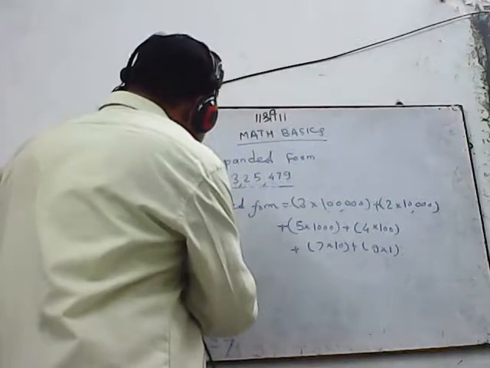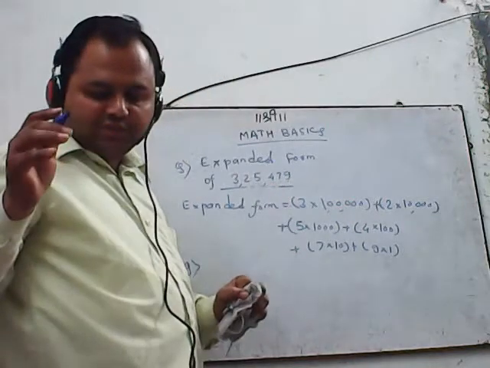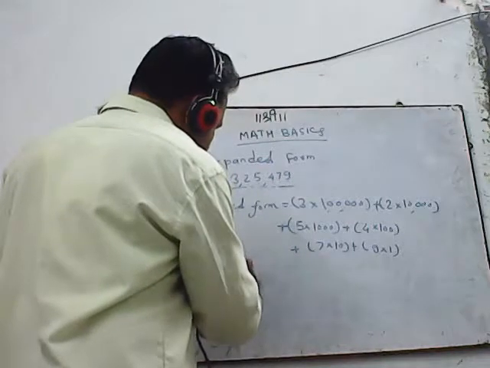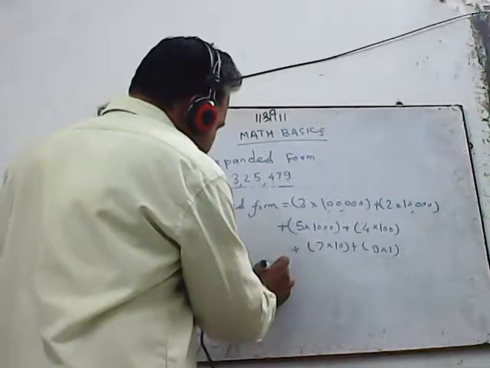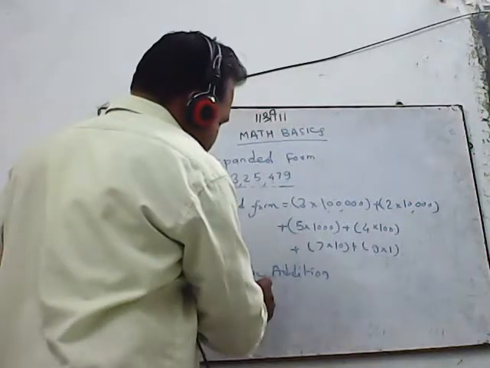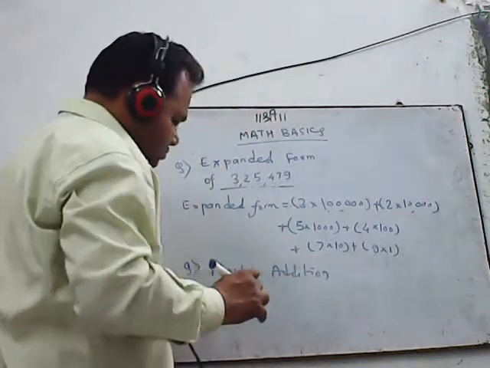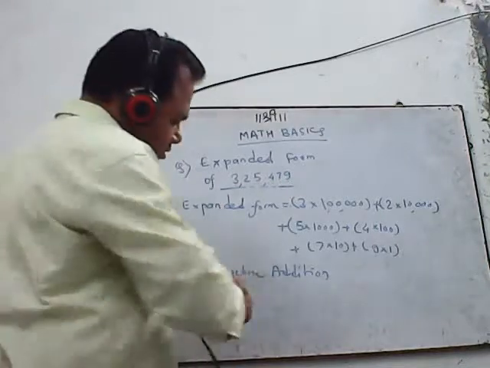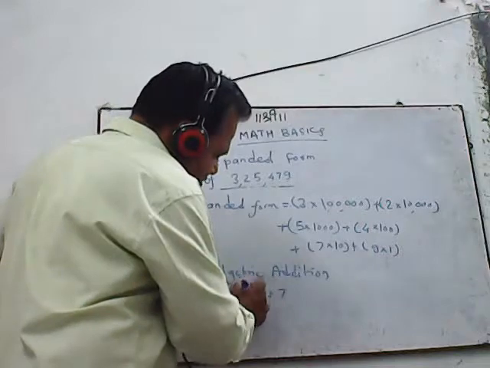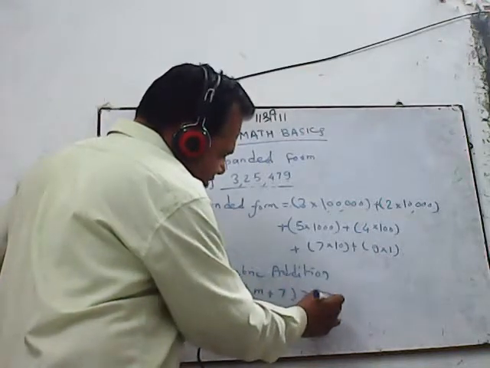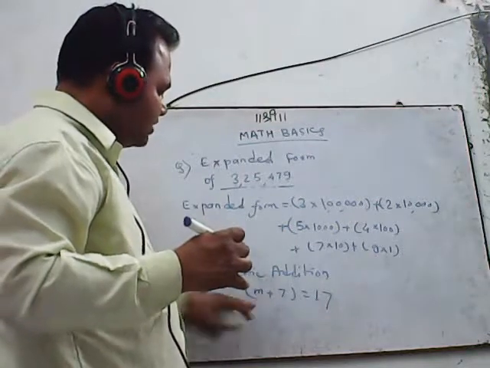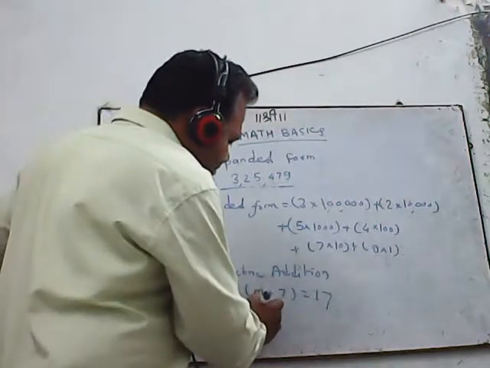Then the question you will be asked in the examination is like this: algebraic addition. Here the algebraic equation will be m plus 7 is equal to 17, and you will have to find the value of m. How will you find this?